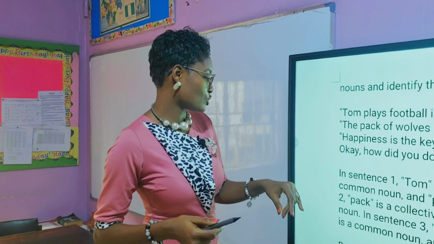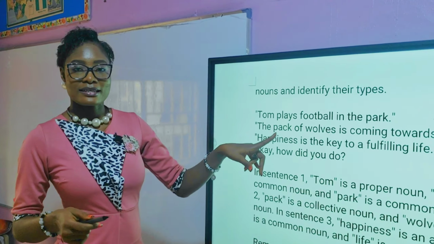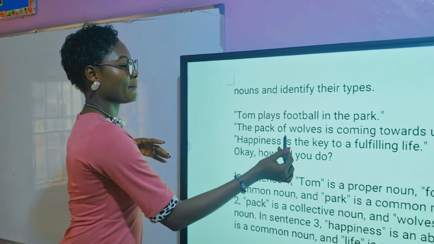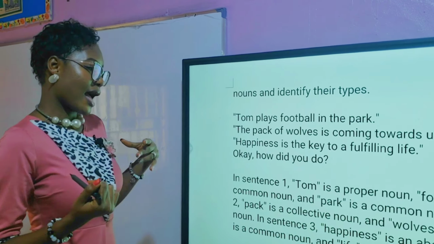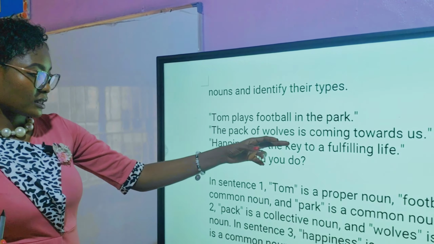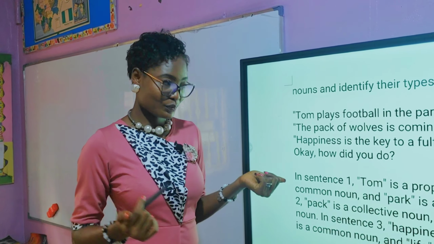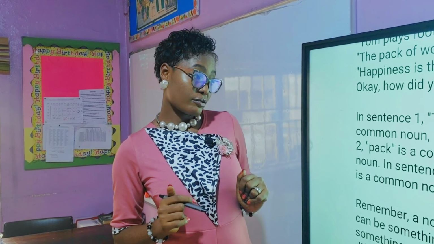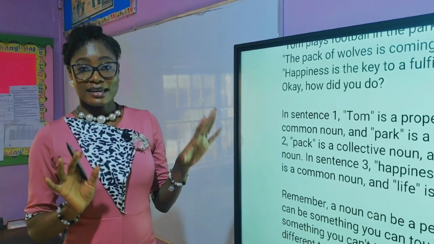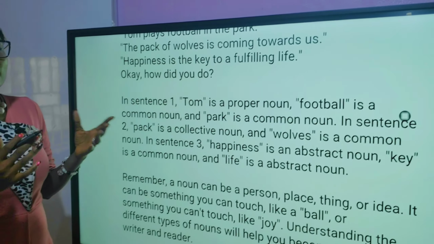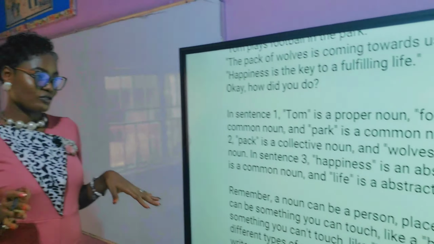In sentence number 2, pack is a collective noun because we're talking about a pack of wolves. And wolves is a common noun. Animal, okay? Now in sentence 3, happiness is an abstract noun. Key is a common noun and life is also an abstract noun.